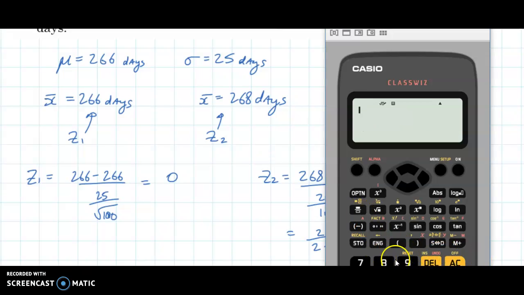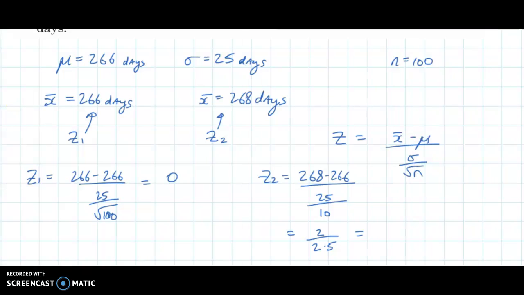The calculator's a bit wonky here, I'll move it to my other screen. So I have 2 divided by 2.5, and I have 4 over 5, which is equivalent to a decimal of 0.8. So what have we got now? We have Z1 equals 0 and Z2 equals 0.8.